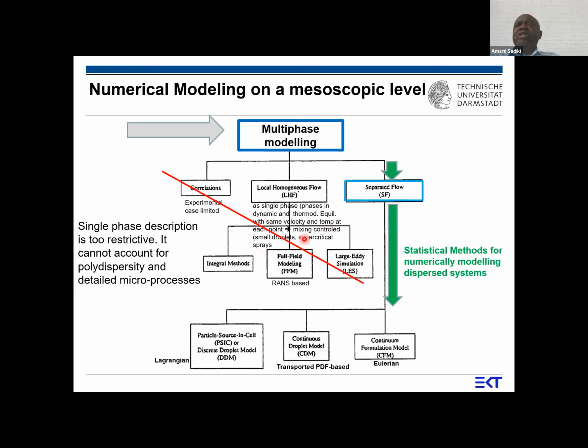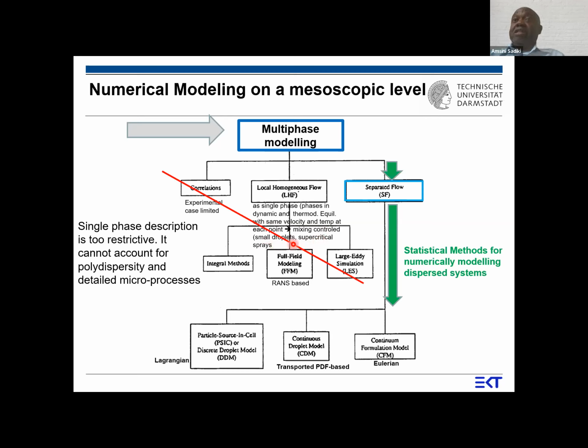These are models which exist in the literature, but these assumptions consider that there is equilibrium between the phases, so that they have the same velocity, the same temperature at each point, so that it is a so-called mixing control.